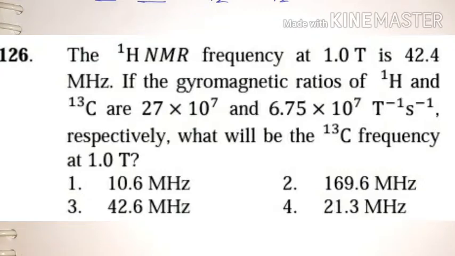And we have 4 options. So friends, we must find the frequency of 13C at 1 Tesla, and we have the gyromagnetic ratio values of 1H and 13C. This question also came for 4 marks. So let's do the solution of this question.